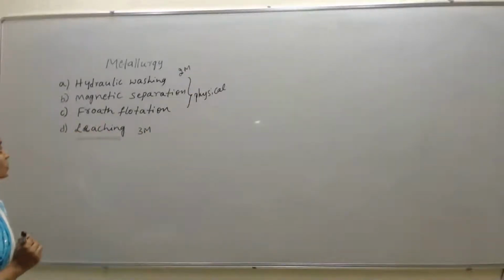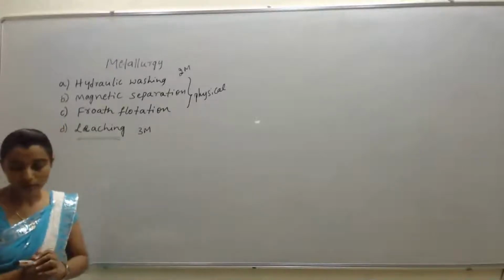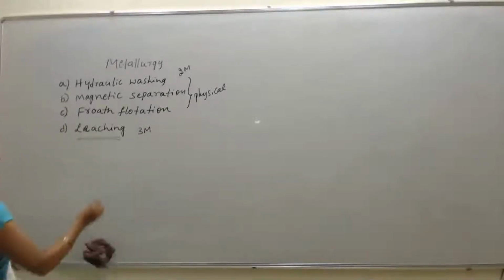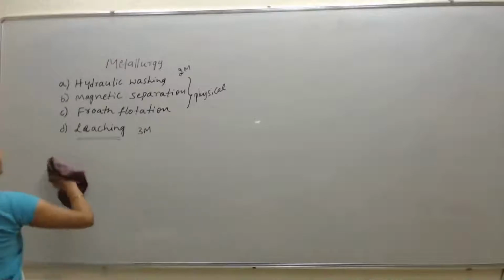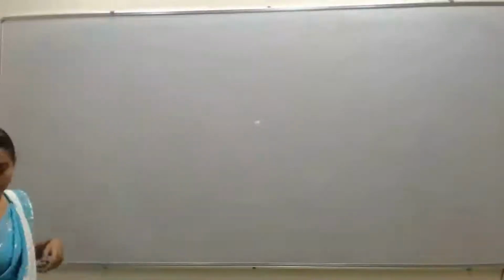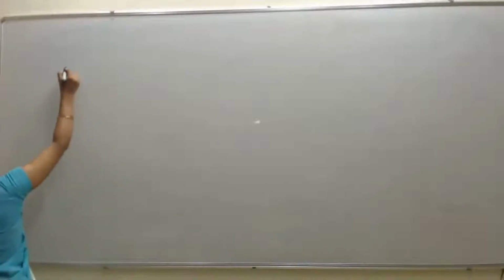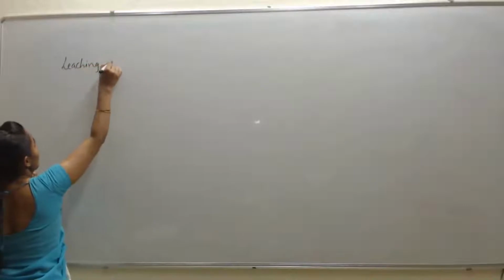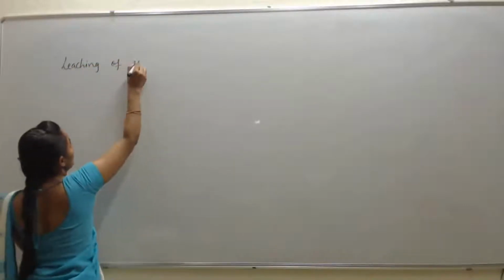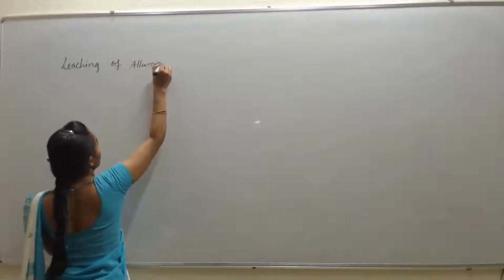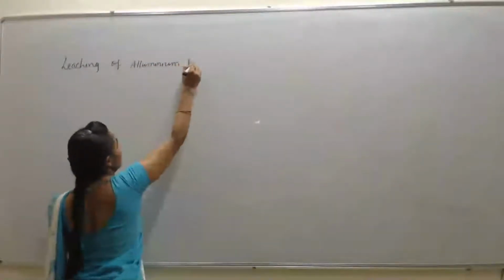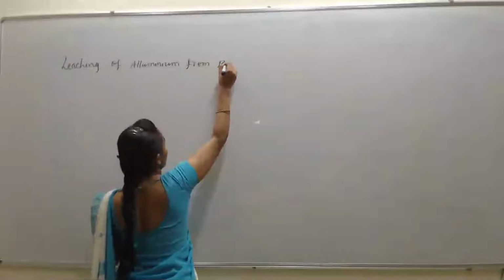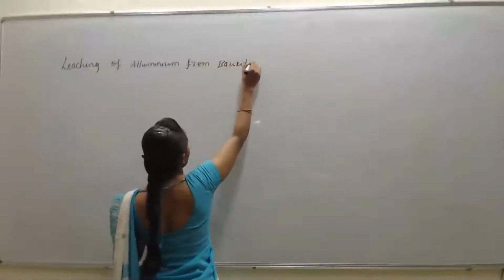Okay, so listen students, I need much space, so I'll drop this. The fourth one is the leaching. For that, the example is leaching of aluminium from bauxite ore.